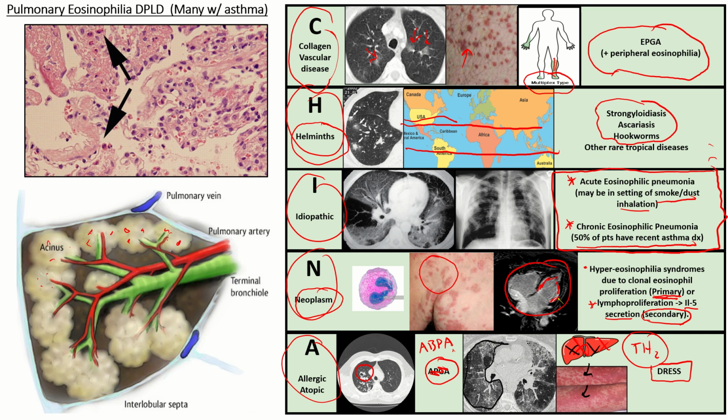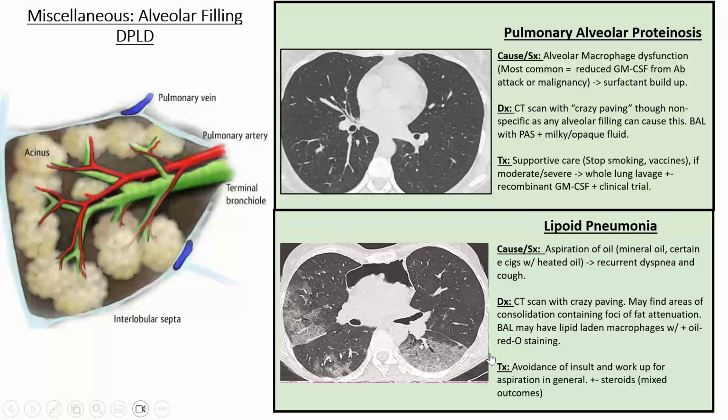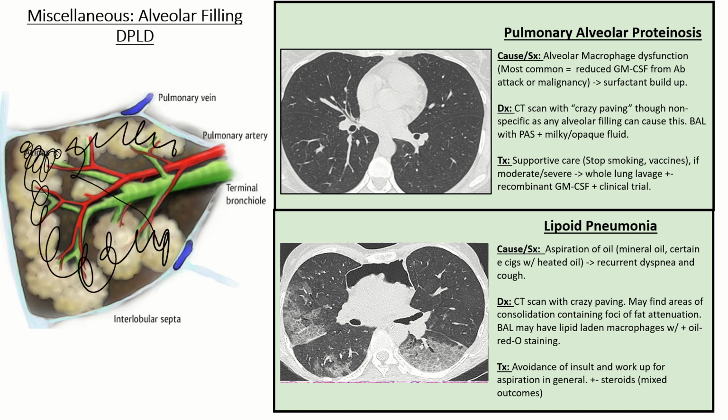Here you see a little bit of ground glass opacity inflammation from eosinophilia in the lung, and even a little bit of haze. Almost looks like crazy paving here, which leads into our next disorder, which is alveolar filling. These are things that cause complete filling of the alveoli. Not only are they filling the alveoli, they're also depositing and causing interlobular septal thickening as well.